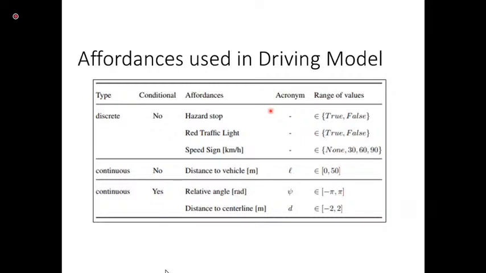Like I mentioned, it is expected that the road will have a center line, and this particular affordance will predict what is your relative angle to the center line. And the last one is distance to the center line. So how far is your vehicle from the center line?